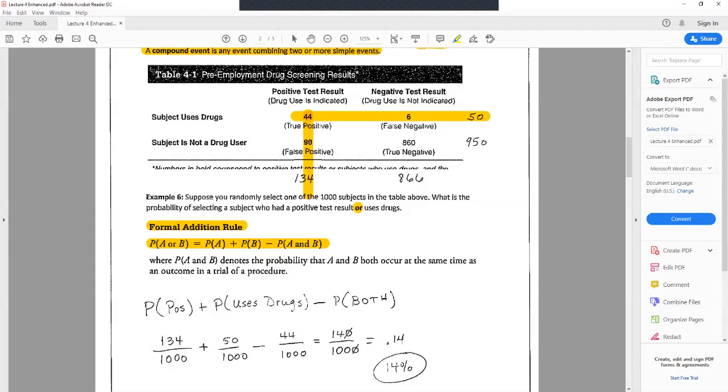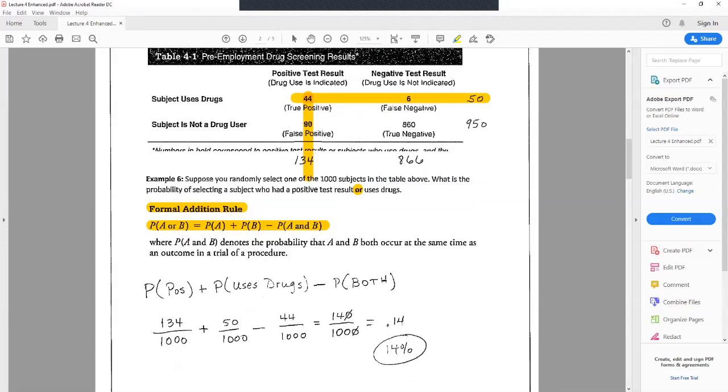The reason we counted 44 twice is because we counted them already for testing positive, and then we counted them again, right, for being drug users. So we need to subtract out that 44 out of 1,000, which ends up giving me 14%. So the probability of selecting a subject who had a positive test or uses drugs would be 14%.